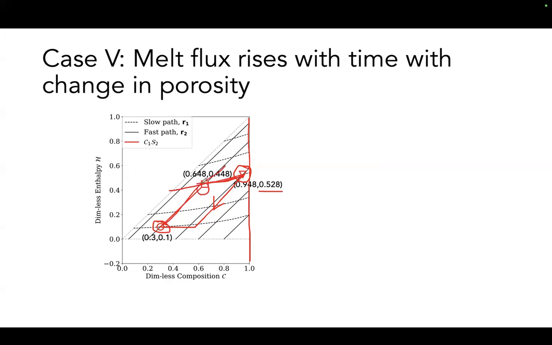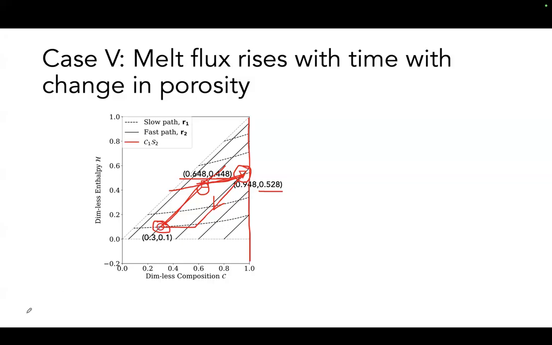And wherever they intersect, in this case, they intersect at about 45% porosity, and the porosity in this case is 80%, since they lie on the same line and it has the same porosity as the right state.